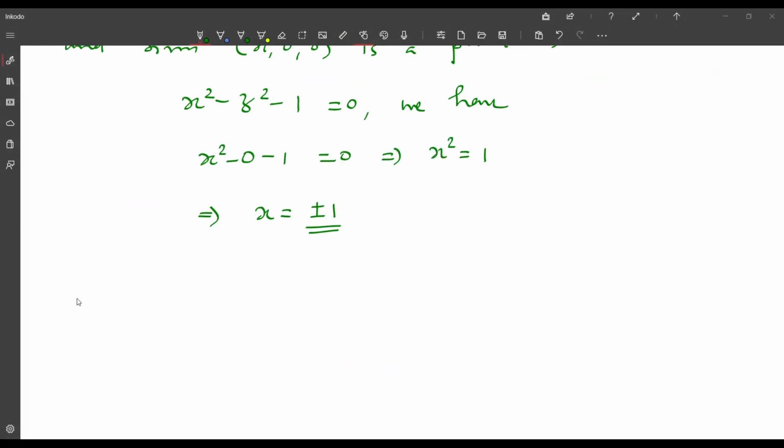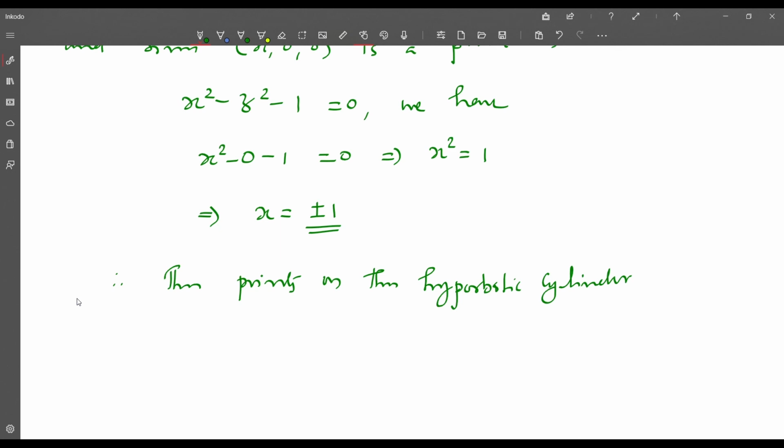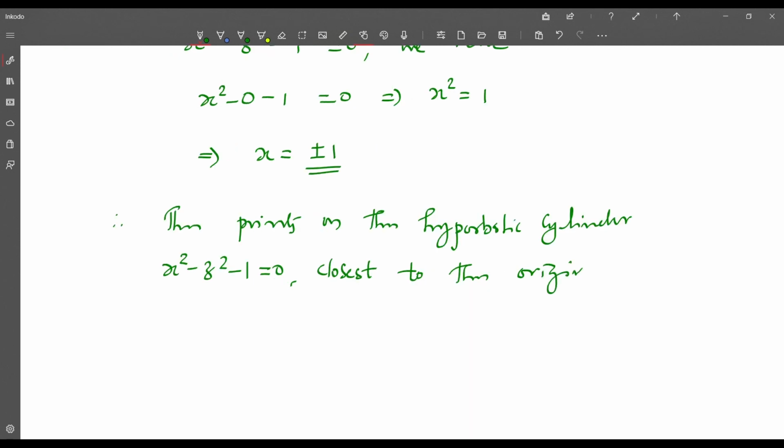Therefore, the points on the hyperbolic cylinder x square minus z square minus 1 equal to 0 closest to the origin are 1, 0, 0 and minus 1, 0, 0.